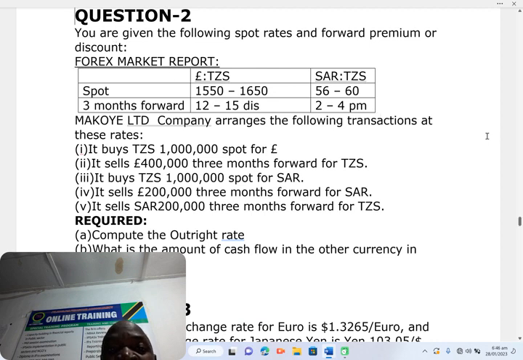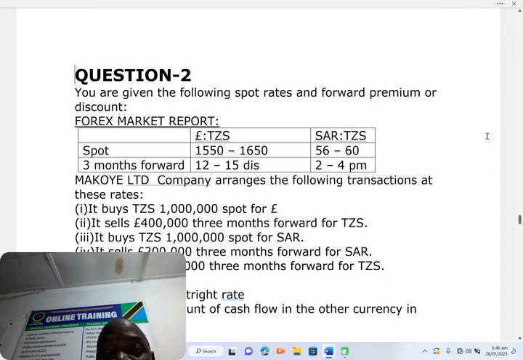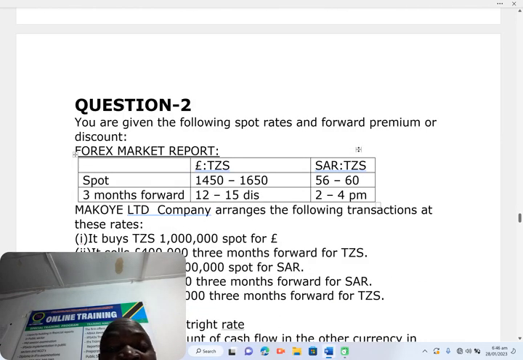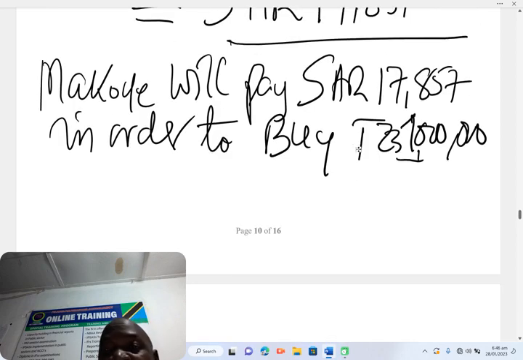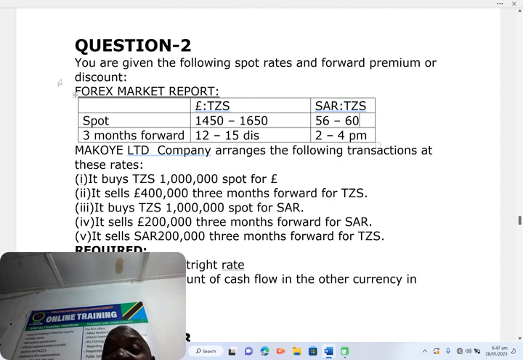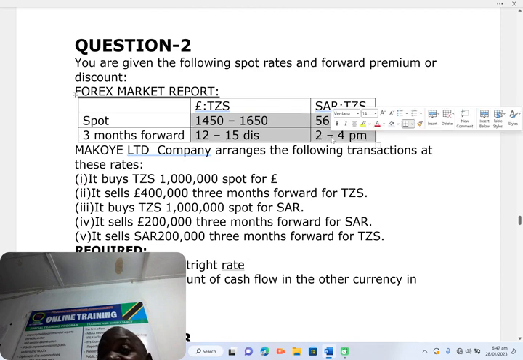So question number 2 is the same as question number 1. But let me change some of the figures so that you can feel something. Yes, there are changes in quotation. So this was 2 to 5. So this question number 2 is the same as question number 1, but the difference is here. You see, some figures have been amended.